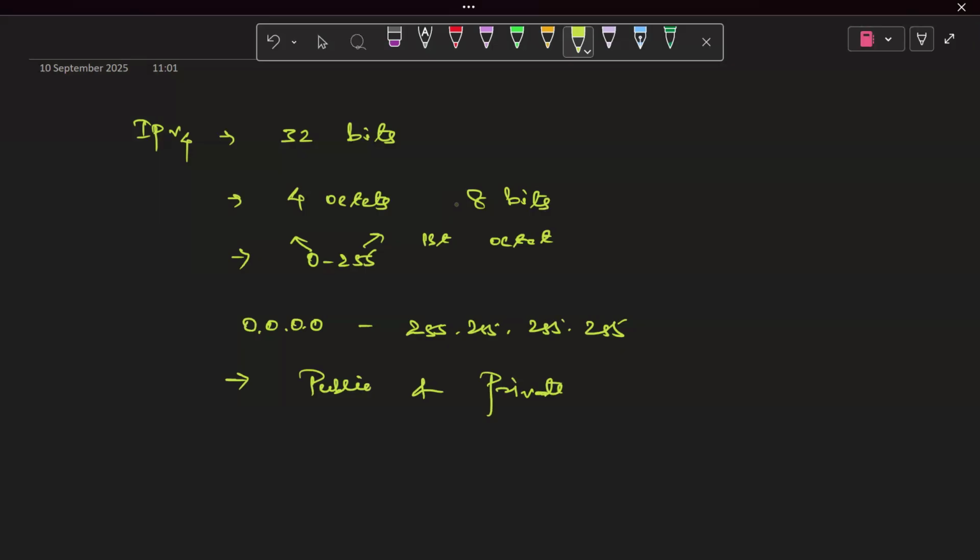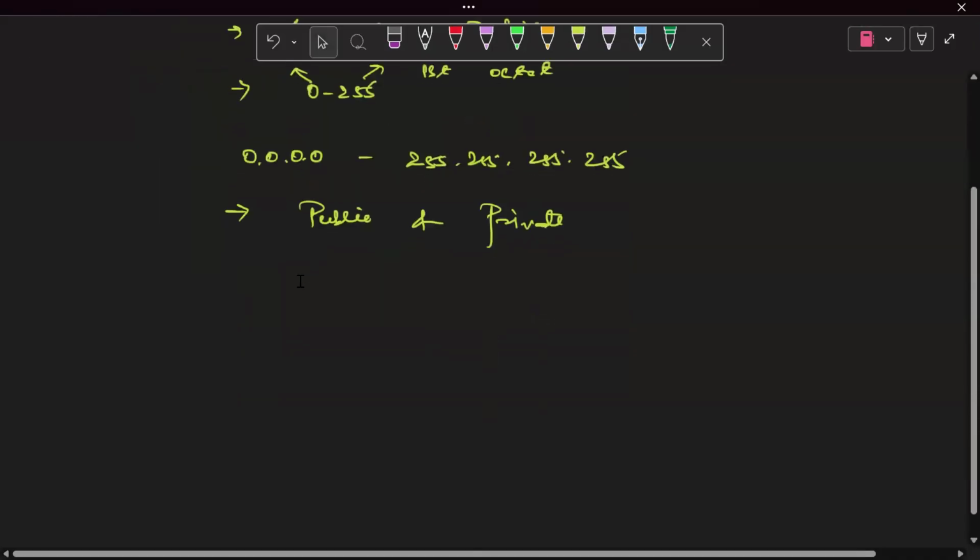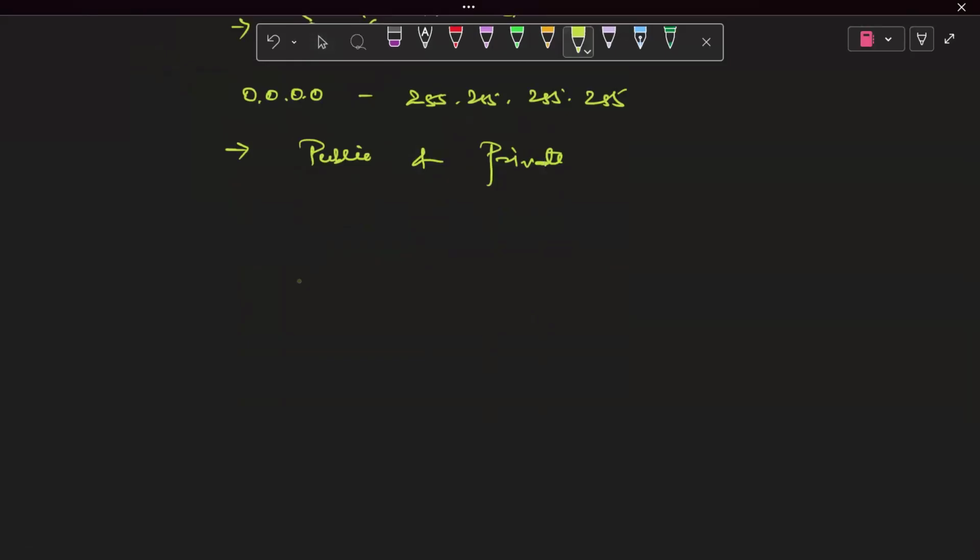Before that, we have to understand that it is going to have certain classes. Yesterday also we discussed how many classes we have? 5 classes. So let's say we have class A. What is the range of class A? 0 to 127.